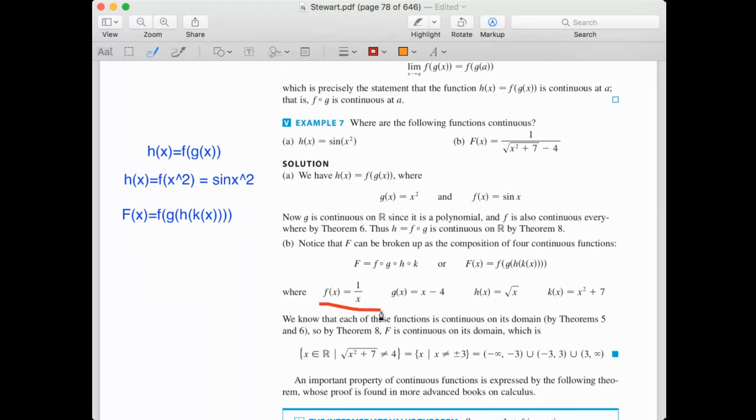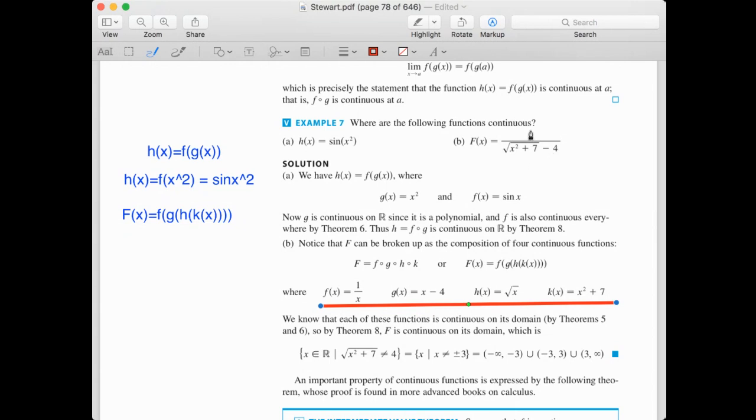Well, each one is defined as here. So f is defined as 1 over x. Give me the input, I'm going to take an inverse, right? G of x is saying, give me the input, I'm going to subtract 4 from it.